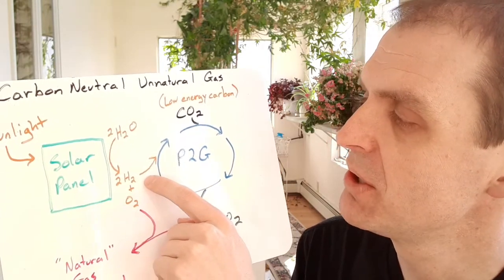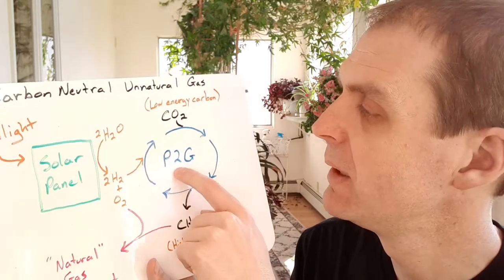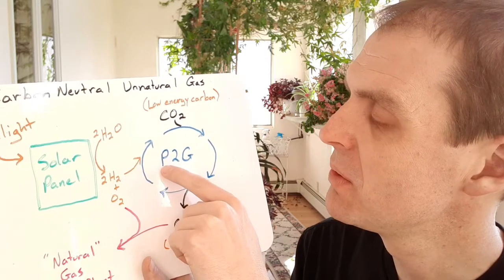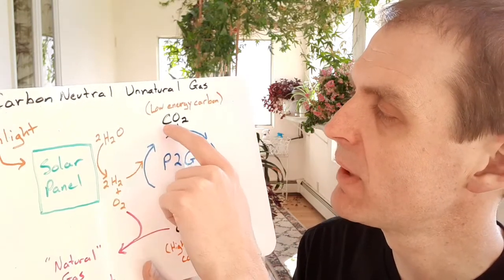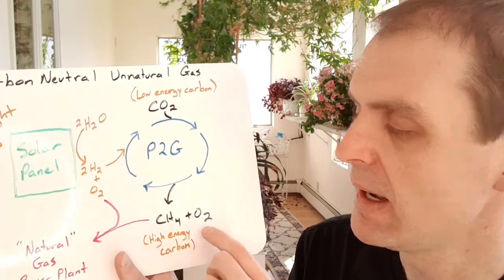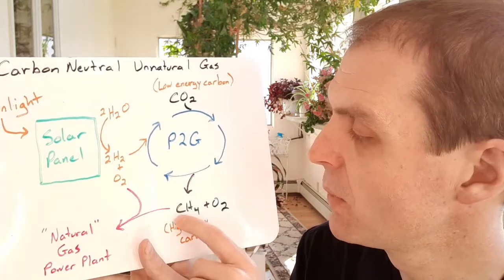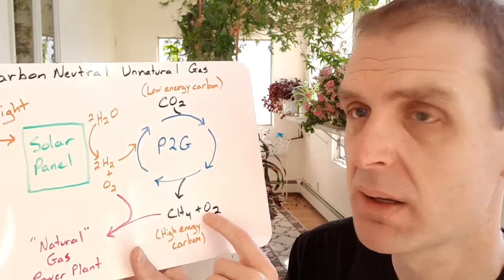The hydrogen could be put into an energy cycle where you use that power to make gas. And so those hydrogens come over here, and the byproduct of the power to gas reaction would be that you could create a methane molecule and a couple oxygen molecules.